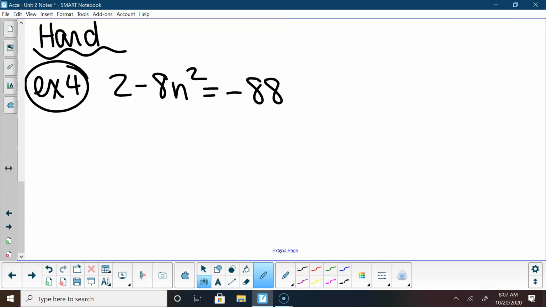All right, so do we want to try this on our own? No, not yet. All right, I'm going to tell you right now, biggest mistake I will see any kid make is they'll try to go, oh, 2 minus 8 is 6. That is illegal. We don't do that. Yeah, they're not like terms.